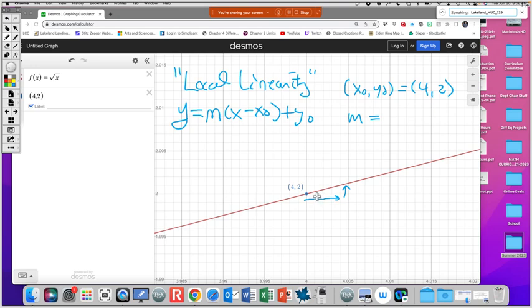How far over am I going here? 4 units over, and how much up? So 1, 2, 3, 4 over, 1 up. That would make it a slope of what?